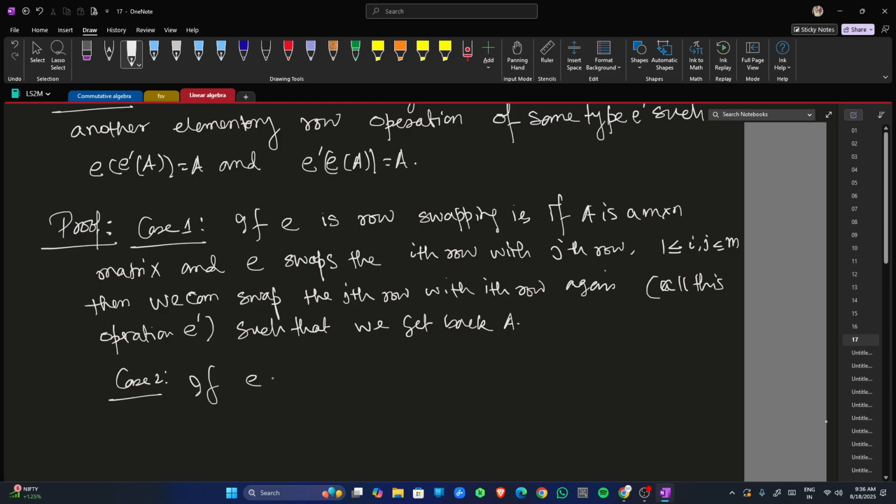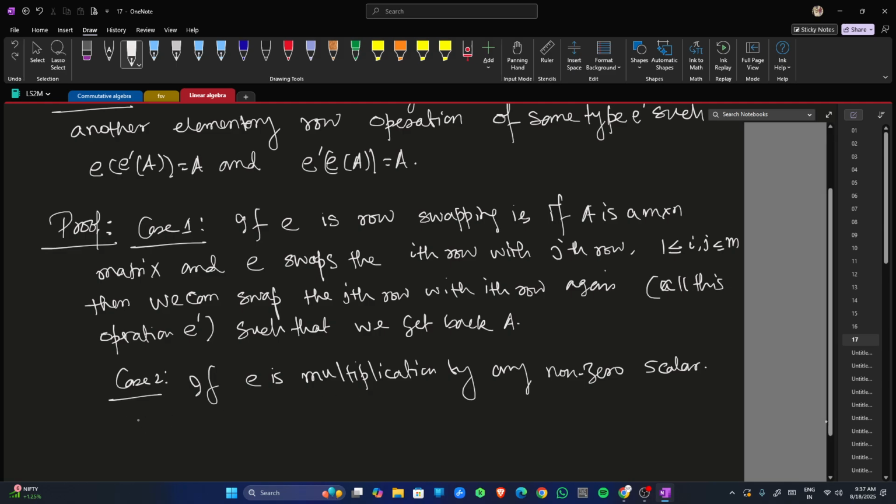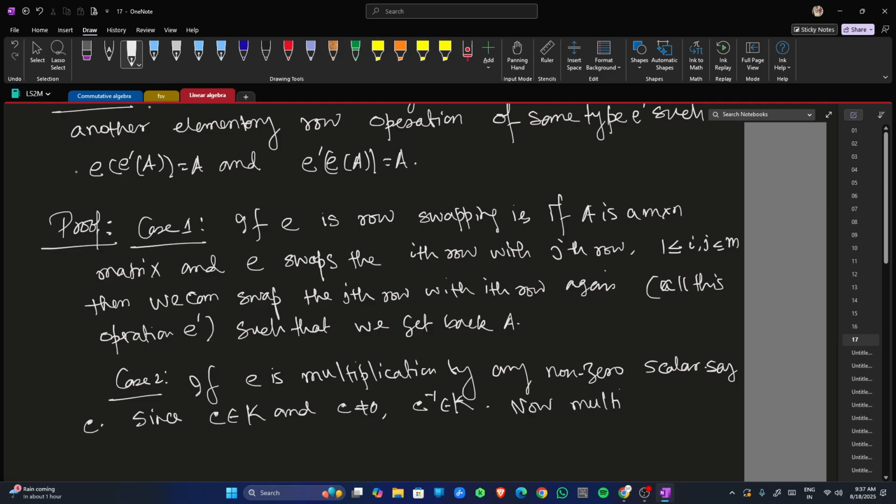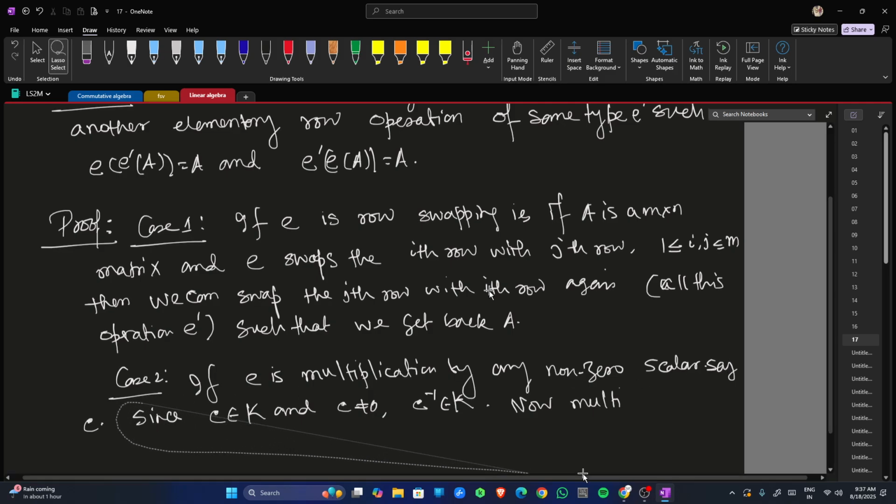Case 2. If E is multiplication by any non-zero scalar, say C, since C belongs to K and C not equal to 0, C inverse belongs to K. Now E multiplies the scalar C to the ith row.